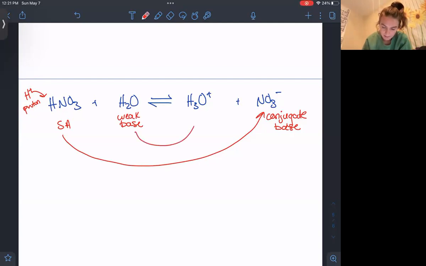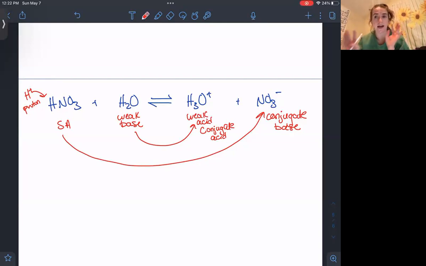So what does that make the H3O plus? Good. This is a weak acid, and it's your conjugate acid. And H2O is a weak base, Brock, because it's not one of the 6 strong bases we talked about. You have those 6 strong acids and bases, and then everything else is considered weak.